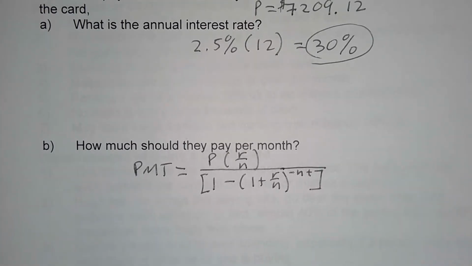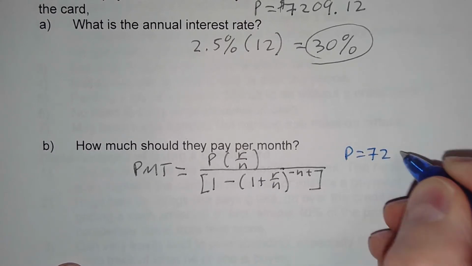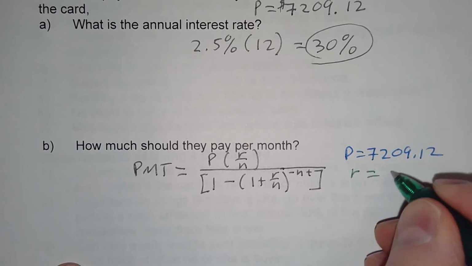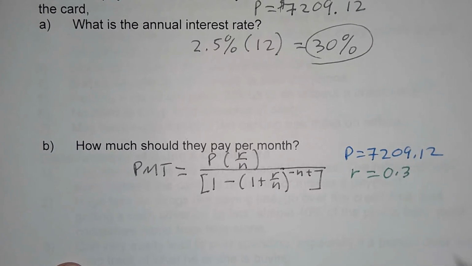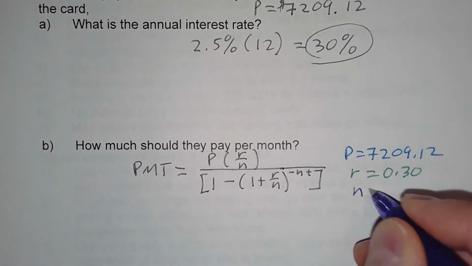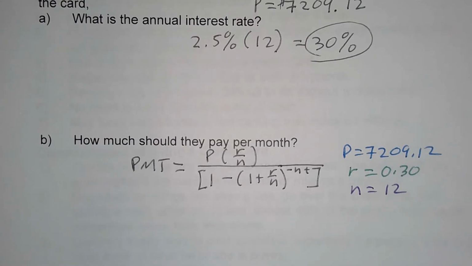So our principal is $7,209.12. Our interest rate here is going to be 0.3. We're just writing that 30% as a decimal. We're doing this payment per month, so N would be 12. And we're going to try to pay it off in 2 years, so T would be 2.